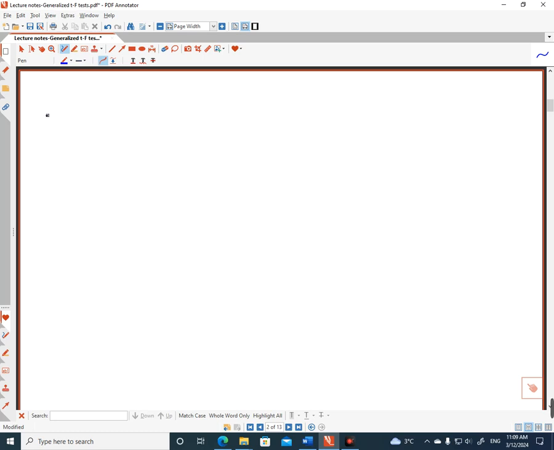In statistics, quadratic forms play an important role, specifically if the variates are normally distributed. So here we have a lemma. I will give these lemmas without proof.